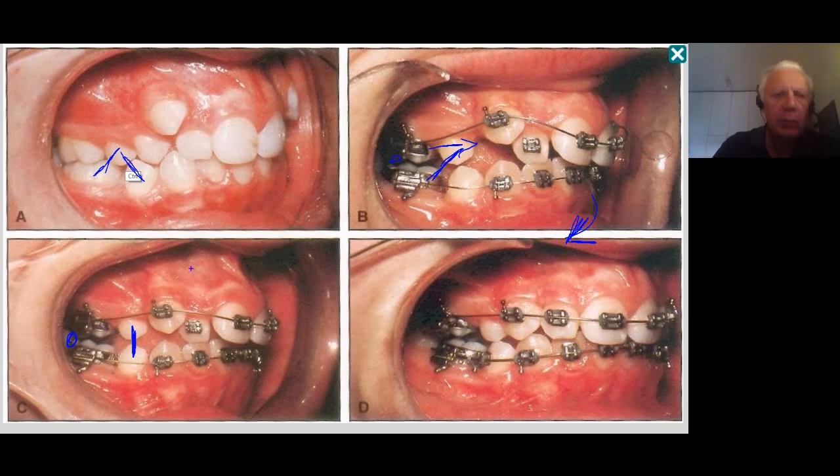It was a class 1 relation, and I would say that from A to C here we have taken a lot of steps backwards, not forwards. Now I find myself in a posterior occlusion which is definitely more complicated than it was at the beginning.